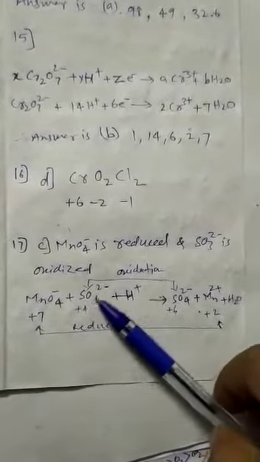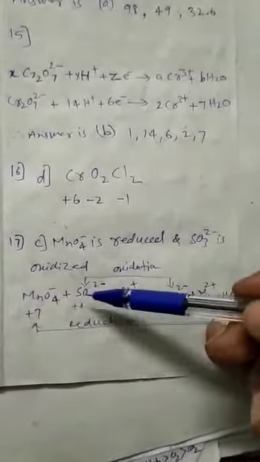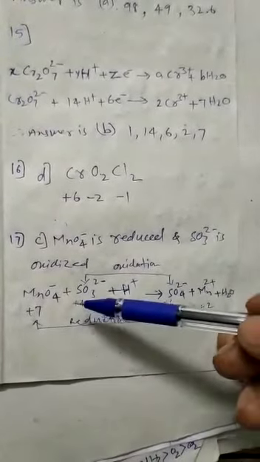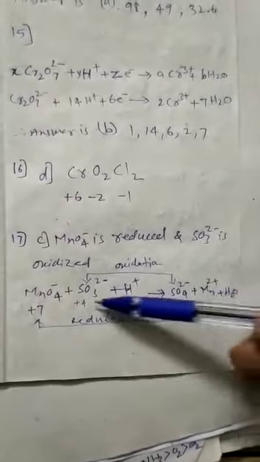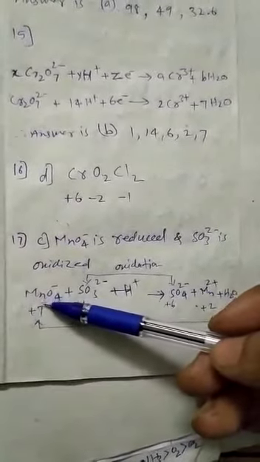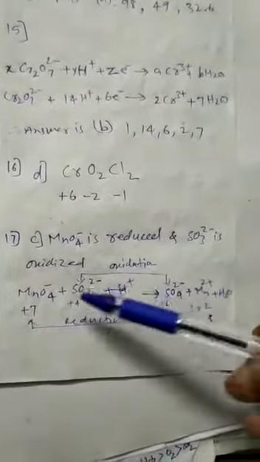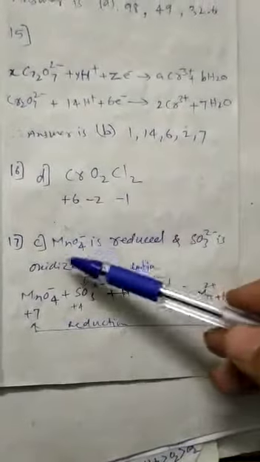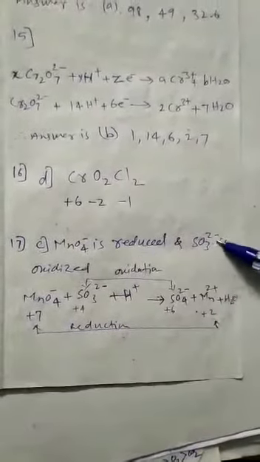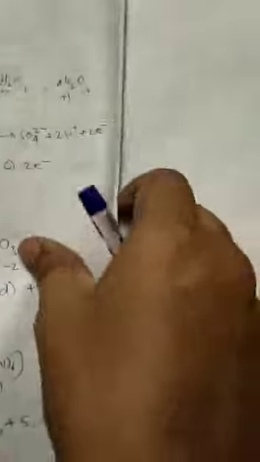So if we consider the oxidation numbers, oxidation number of sulfur is increased from +4 to +6, and oxidation number of manganese is decreased. So manganese is reduced and sulfur is oxidized. So we can write MnO4- is reduced and SO3 2- is oxidized. So answer is C. Now let's move towards question number 18.